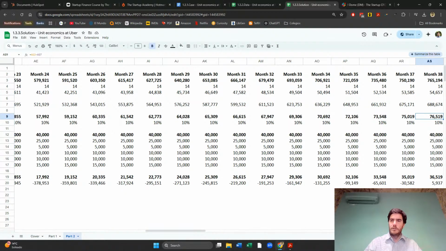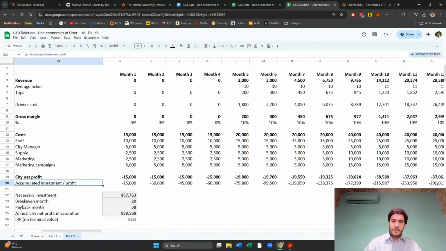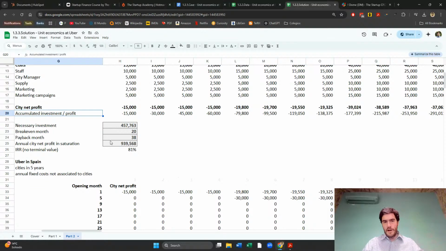Here, in month 38, all the money you put in, you have recovered, and now everything else is profit. And once the city is in saturation, neither growth nor decrease, it is going to give you 900,000 euros, almost a million euros per year.